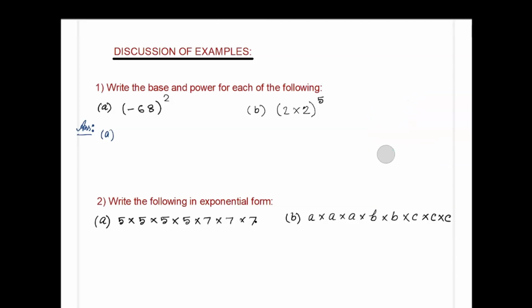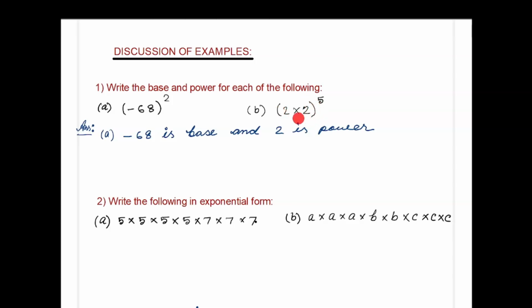Next, we are discussing that we have to write what is base and what is power. So here minus 68 is the base and 2 is the power. Now in the next question, here it is written 2 into 2, but here brackets are given.